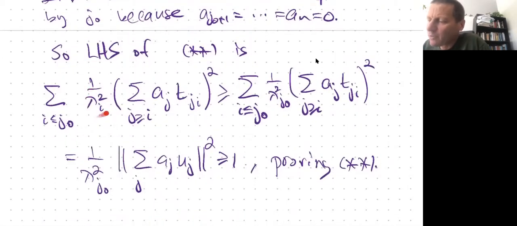The lambda i's form a monotone increasing sequence, so if I'm only adding up to j0, the largest of the lambda j's is lambda j0, but it's in the denominator, so we have an inequality that goes this way. The only difference between this term and this term is that this i became a j0. I pull the 1 over lambda j0 out and get this sum, which we already calculated in star. Let me remind you what star says.